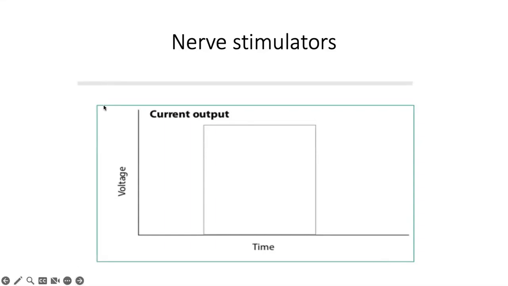That's because when you're doing blocks, you're very close to the actual nerve and your needle has traversed the skin. Whereas with nerve stimulators for neuromuscular blockade, you are trying to stimulate the nerve through the skin. And because there's resistance to pass a current through the skin, through the subcutaneous tissue and fat, you need a higher current.